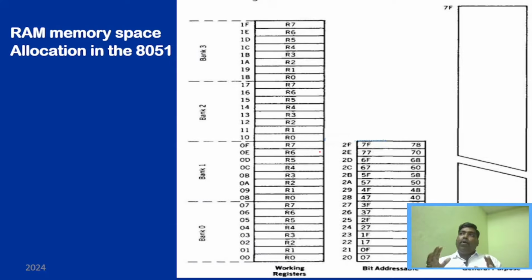Now we will see the memory allocation for each and every register, right? I have already said that we have 32 bytes of register banks. It is split into 32 bytes, and this is 16 bytes, and this is 80 bytes, right? And you can see here the memory allocation starts from 00, 01, 02, 03, 04, 05, 06, 07, and then 08, 09, and 0A.